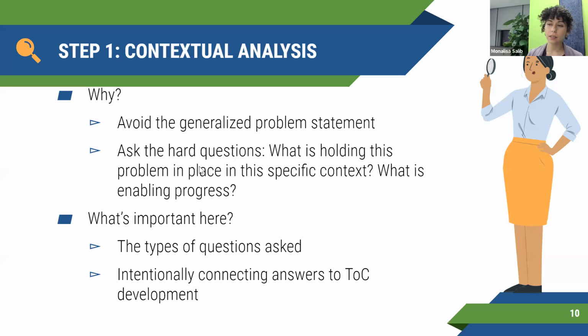And again, what's slightly different here is that we were also trying to stop the separation of a contextual analysis over here and then the TOC much later over here. We wanted to bring these two things together as we move from step 1 into step 2.